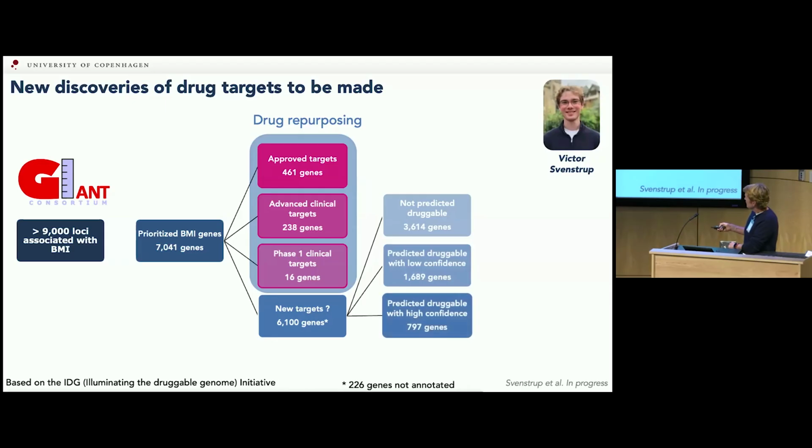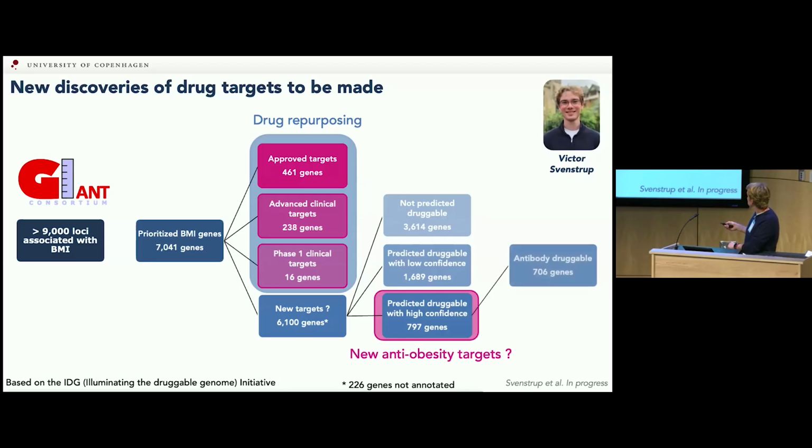And there we use the data from the Illuminating the Druggable Genome Initiative. And here we see that again, about 800 genes are predicted to be druggable with high confidence. So maybe among those, there are new anti-obesity targets. Of those 700, most of them are antibody druggable, and 100 of those are small molecule druggable.